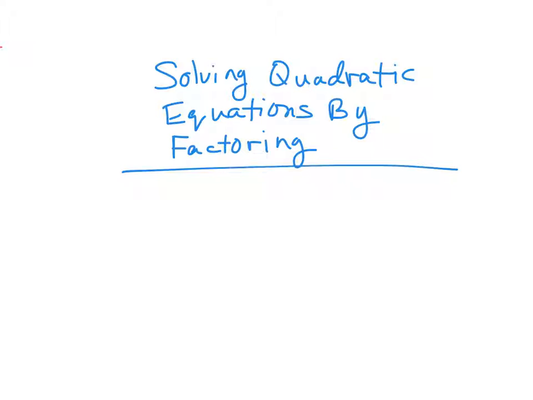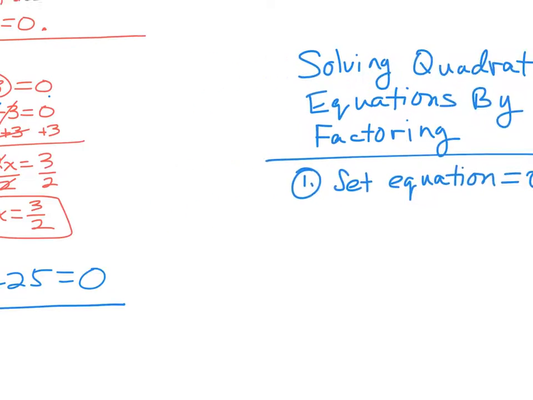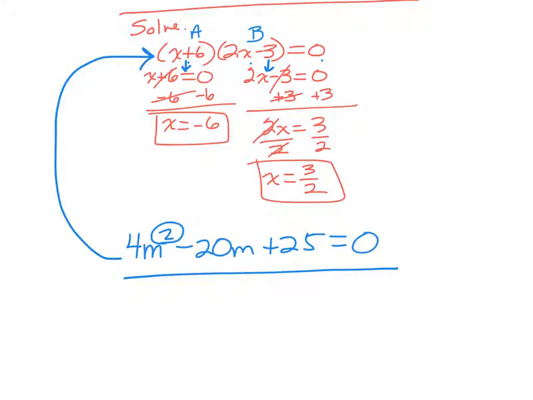And 3 little steps is going to take care of it. Step 1, we're going to get that 0 that we need. So step 1 is set the equation equal to 0. On this problem that we're going to do in just a moment, this one, that's already done.